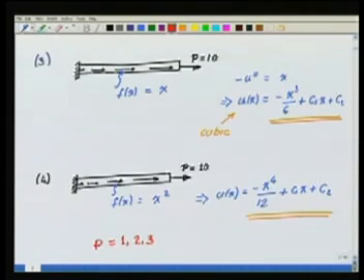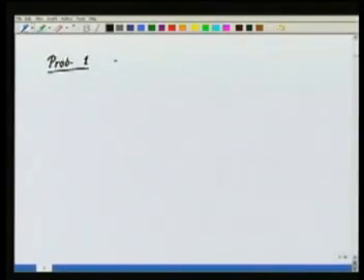Here we are constructing problems for which we know the exact solutions, and not only that, we know the exact solutions are polynomials of some order. So if I now try to solve these problems using the finite element method, using p equal to 1, 2, 3: for problem 1, all 3 should give me the exact solution.